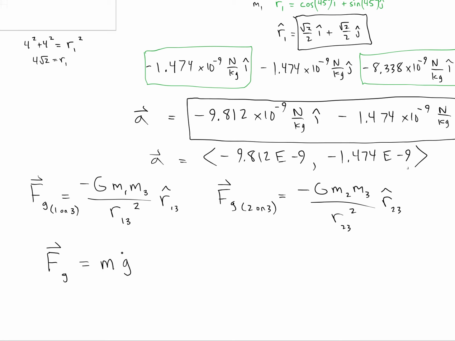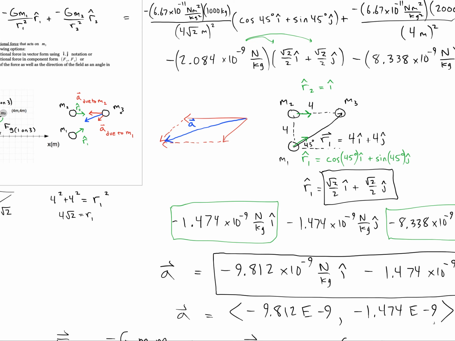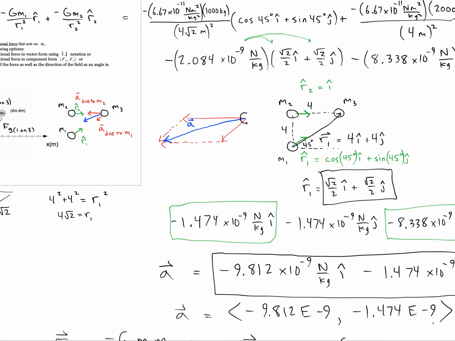And this F is, of course, the force it feels. So in our problem, we would want to let the mass in the field be M3. That's the one that's feeling the force, according to our analysis, that it's being pulled by M1 and M2. In all reality, they're all pulling on each other, so it's just all relative, but right now we're just choosing to make M3 our system.